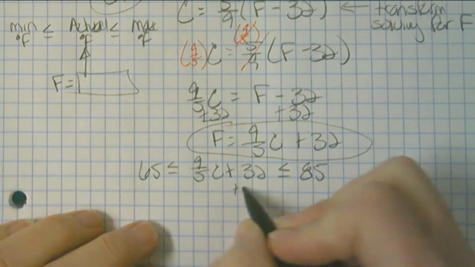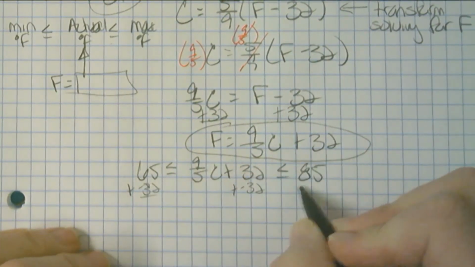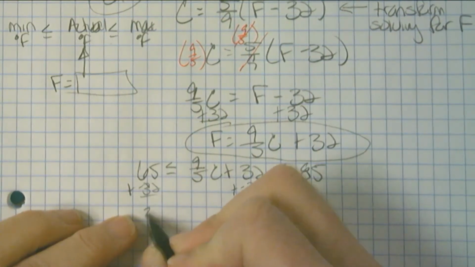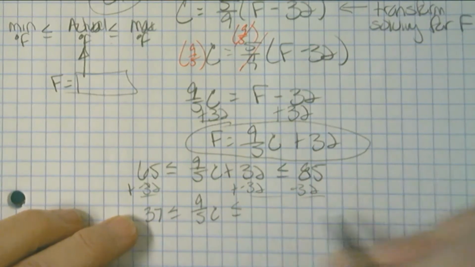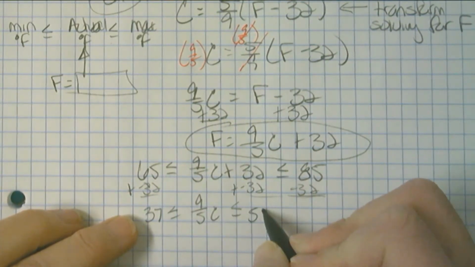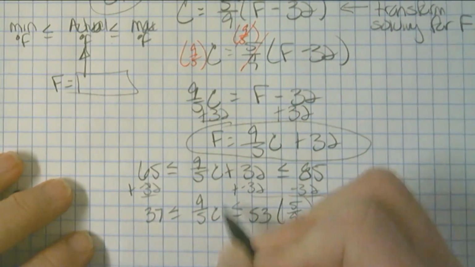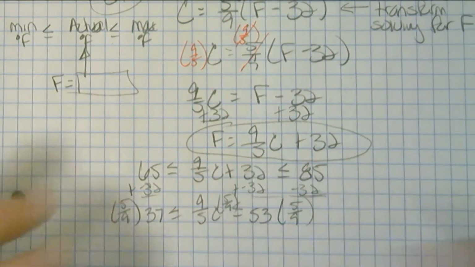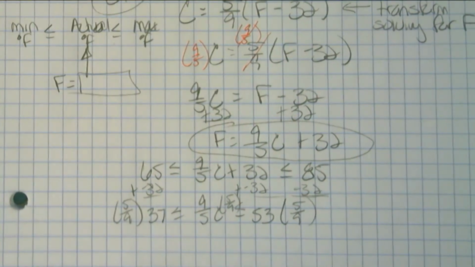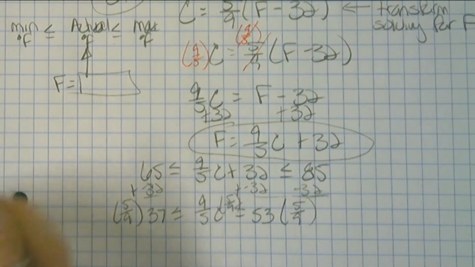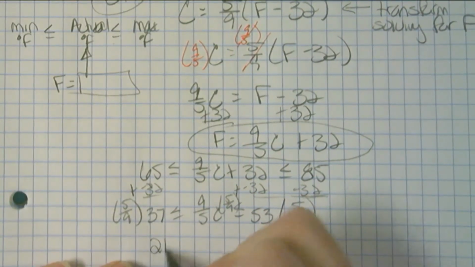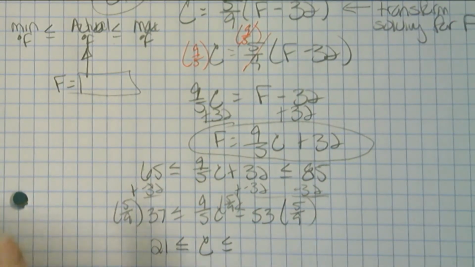So the first thing you guys should be doing is adding a negative 32 to both sides. What did I do?